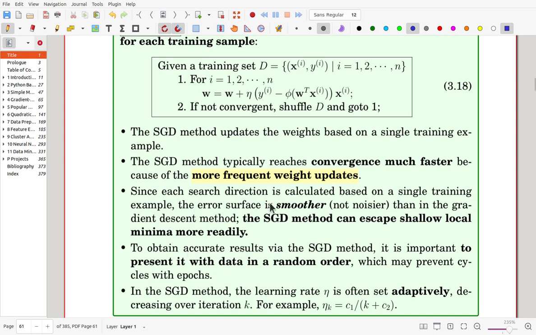And now here, because we are using a single training example, the error surface is smoother.